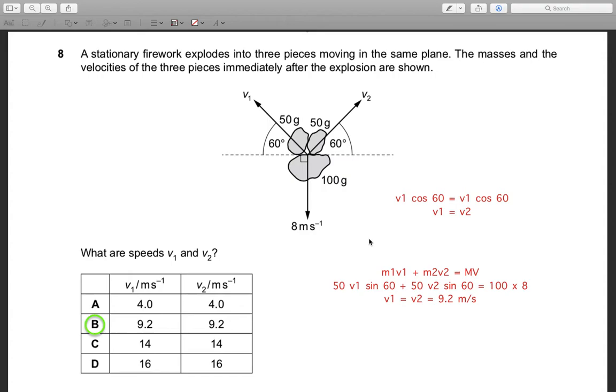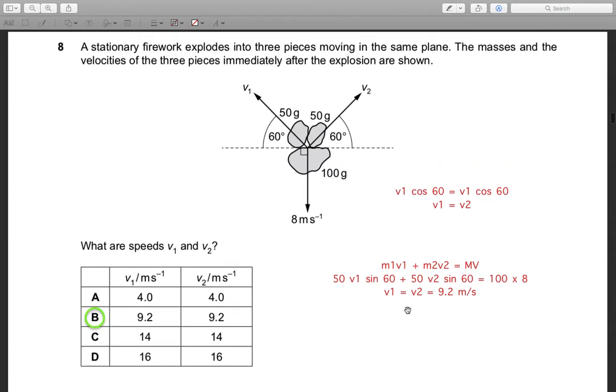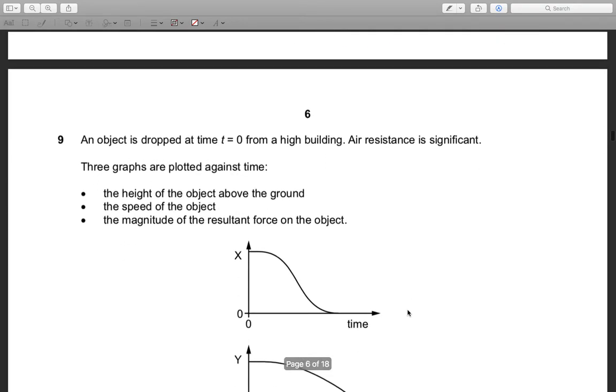If we use conservation of momentum, m1 v1 sin 60 plus m2 v2 sin 60 is equal to this object, 100 times 8. So if we calculate, v1 equals v2 becomes 9.2 meters per second. Yes, the answer is B.